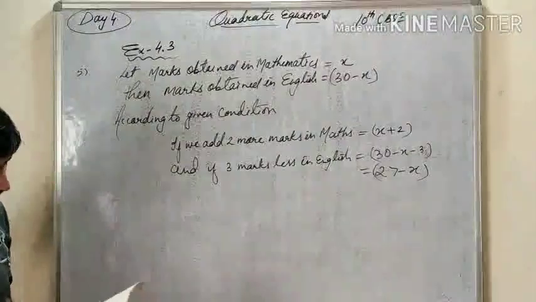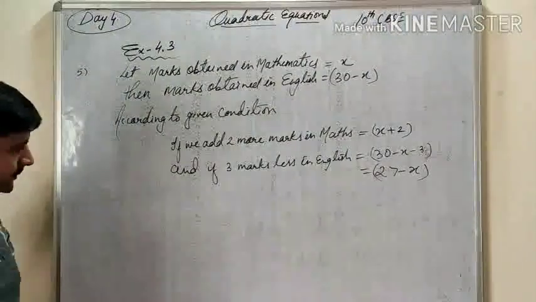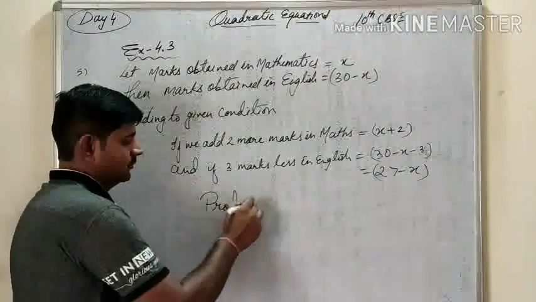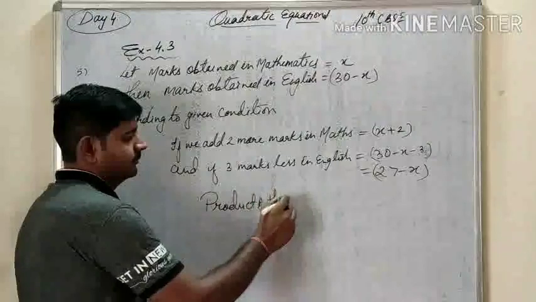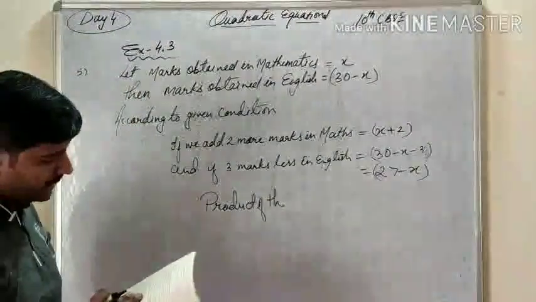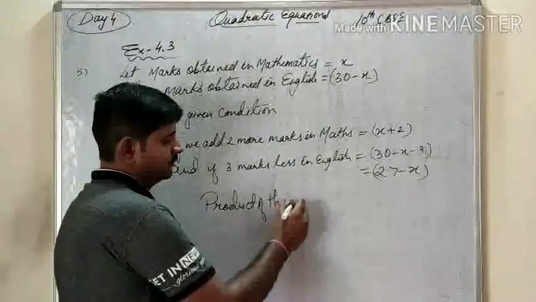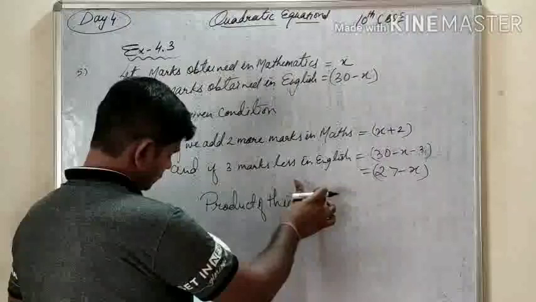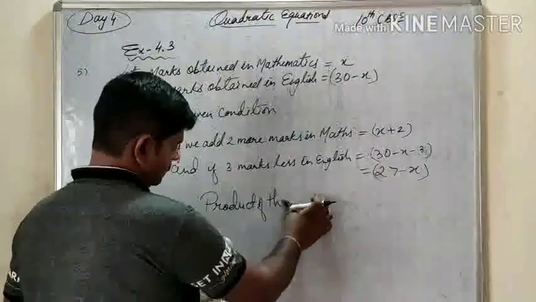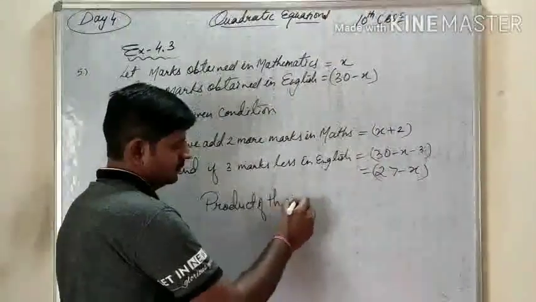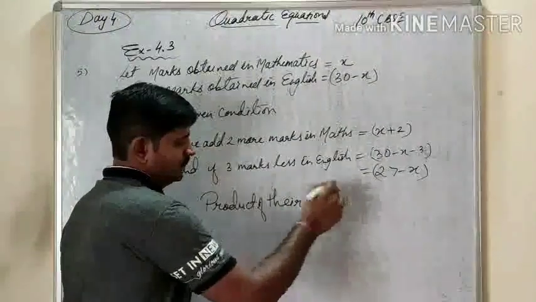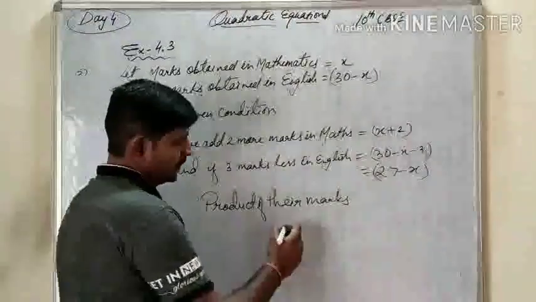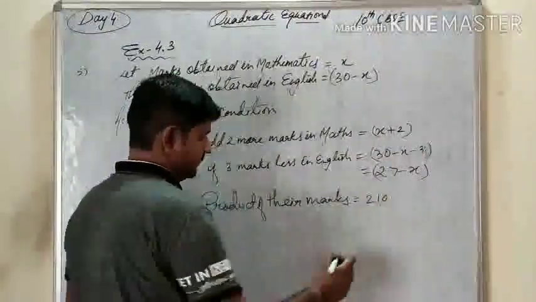Now according to the question, the product of their marks will be 210.